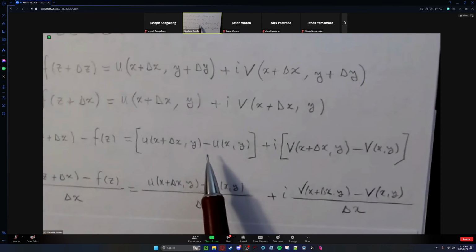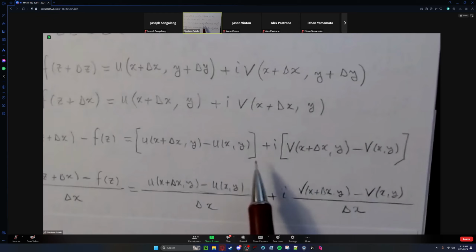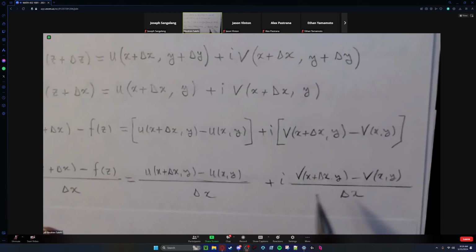I separated the real part and imaginary part. And now, when delta x approaches zero, this part gives me the partial derivative of u with respect to x. And this part will give me the partial derivative of v with respect to x, okay?